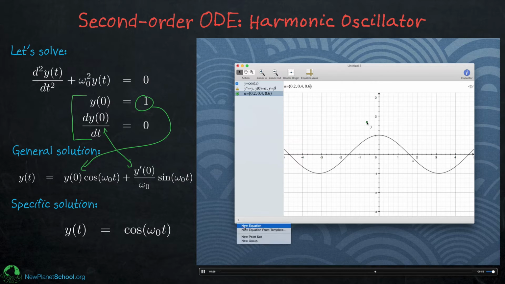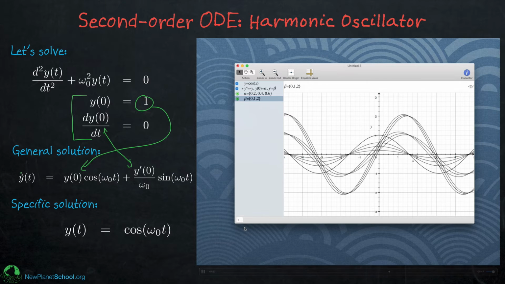So let's add that one in now. So let's make this a beta. And now we get a lot of different solutions. And that's one of the nice things about MatGrapher, is that it can vary all of those. And at some point, if you put too many values in alpha and beta, it may not like it, but you can do that too.